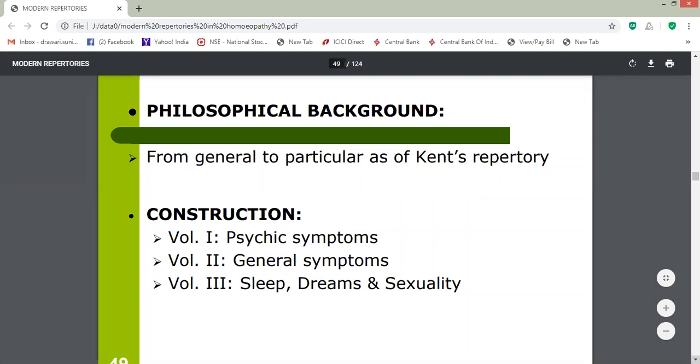So for mind, they have given a separate volume. Mental general symptoms were included in the first volume. Then importance was given to physical general symptoms, which we find in the second volume. Also in the third volume, sleep, dream and sexuality are also physical general symptoms, but they are found separately, in an elaborate way, in the third volume of this repertory.